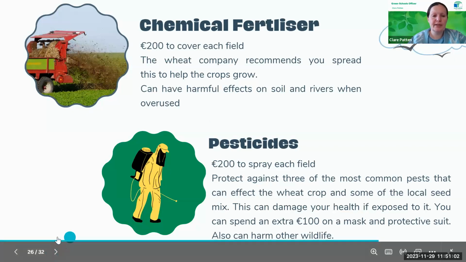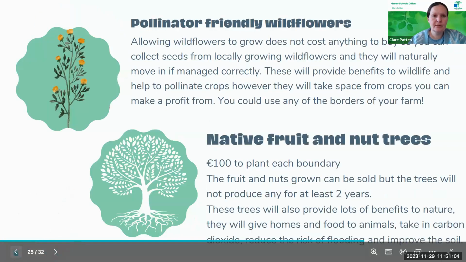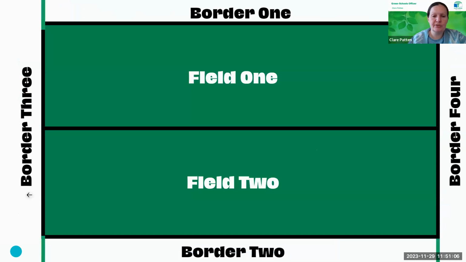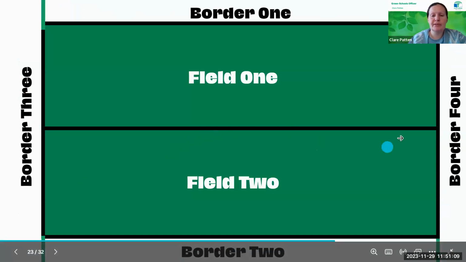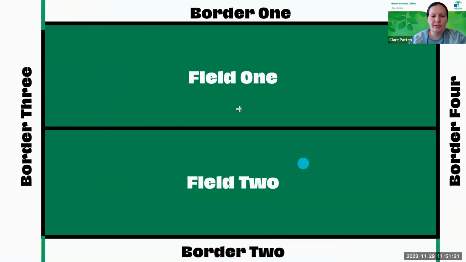So I'm going to go back to the beginning to show you this picture. Again, this is what your farm looks like. You've got 2 fields surrounded by 4 borders or boundaries, and you've got to choose what you're going to put in them that adds up to €1,000. You don't have to spend all the money if you don't want. You can keep it for something else.